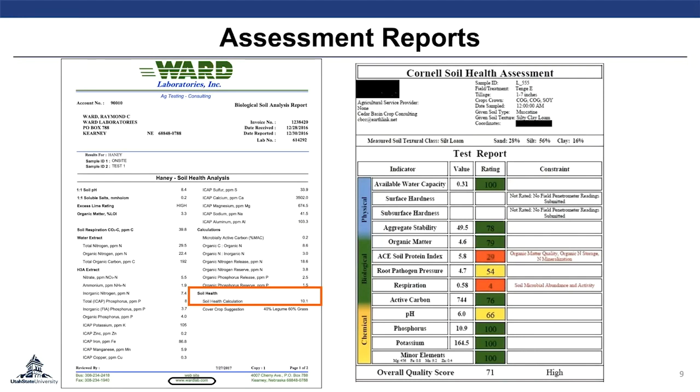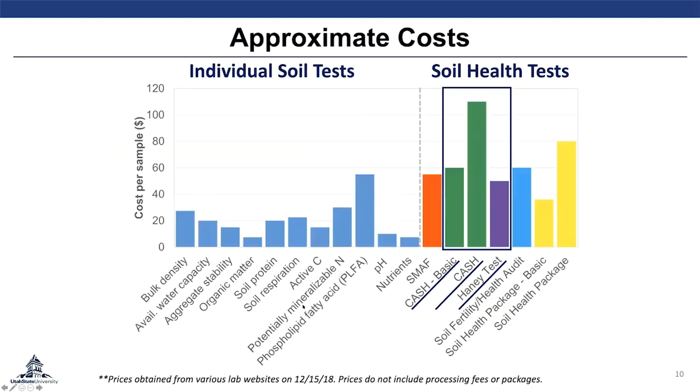So just some examples of some of those reports that you're going to be getting back. For example, Ward Laboratories, they'll do the Haney Soil Health Test for you, and you'll get back these various numbers. And these are really focused on your soil's biology. And overall, they're going to give you this soil health calculation, this score.